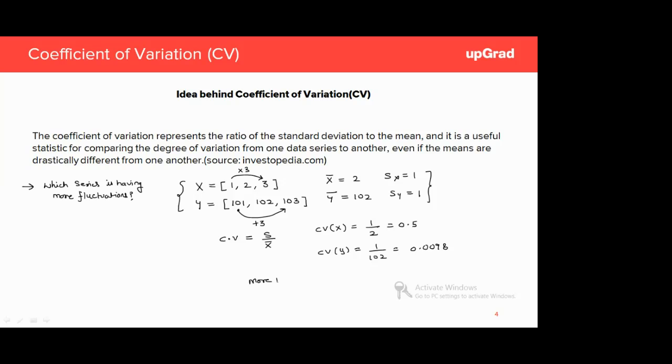The more the CV value, the more the series is fluctuating. Okay. Is everyone clear with the idea of coefficient of variation? Is everyone clear?